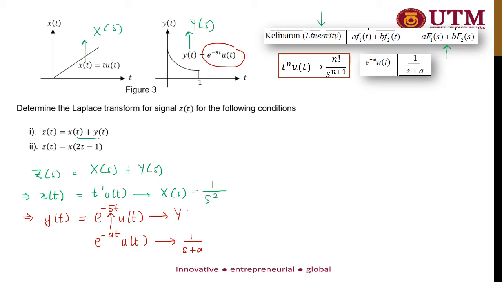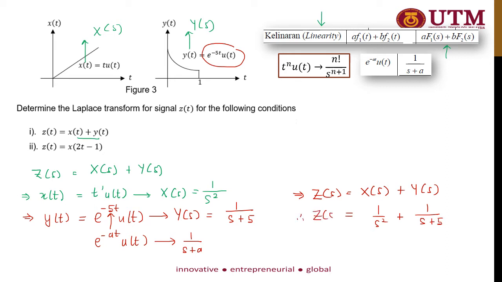Therefore, your Y(s) equal to 1 over s plus 5. Okay, so you have both components in hand. Now you can calculate Z(s). Z(s) equal to X(s) plus Y(s), in which X(s) is 1 over s squared plus Y(s) is 1 over s plus 5. So this is your Z(s).